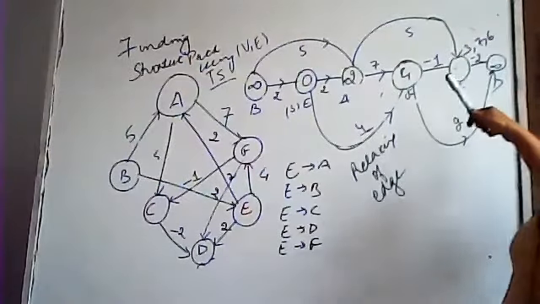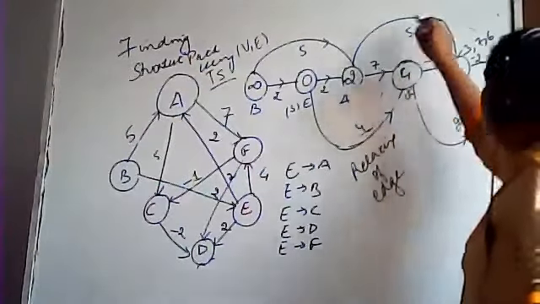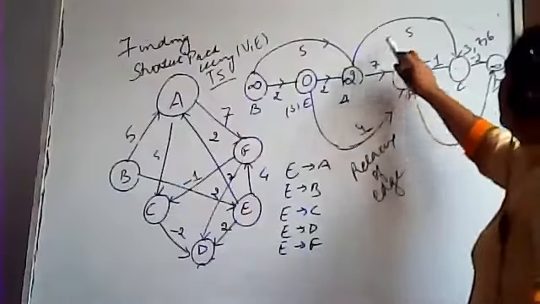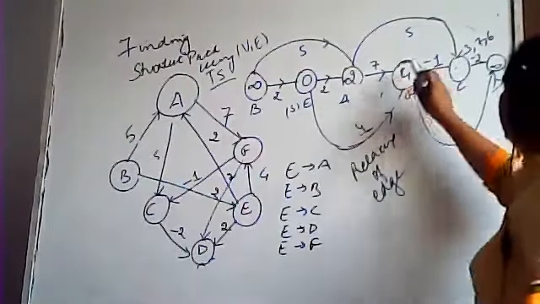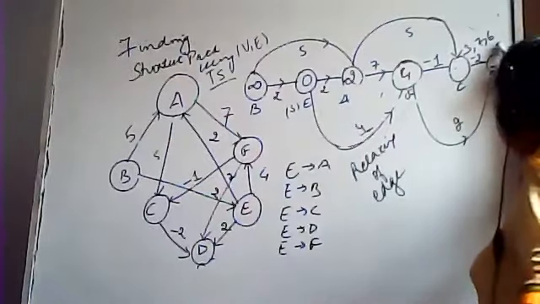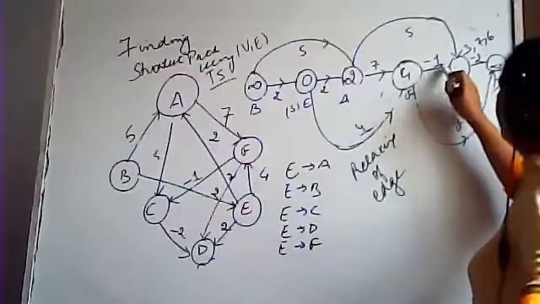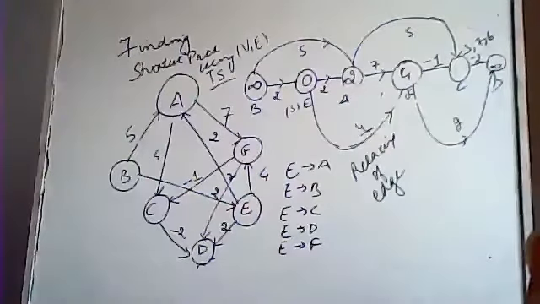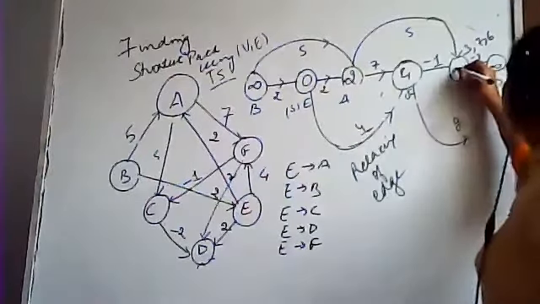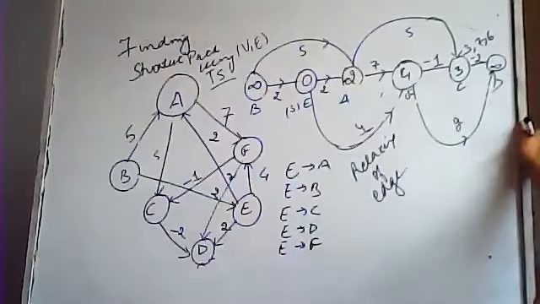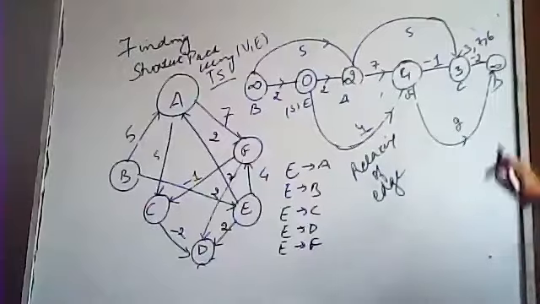Three paths are coming, right? See, one path is from here, that is 2 plus 5 would be 7. One path will come from here, 7 minus 1 would be 6. And the third path will come, 4 minus 1 would be 3. So which option you will update with? 3. Okay.